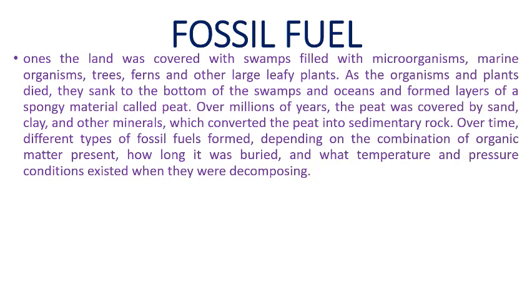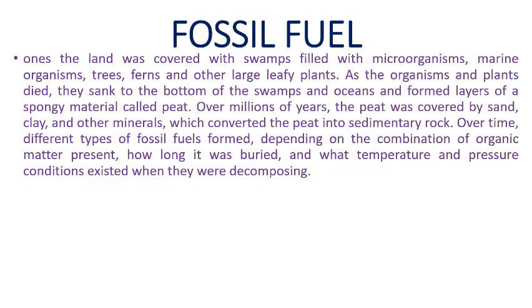Now, different types of fossil fuel form depending on the combination of organic matter present, how long it was buried, and what temperature and pressure conditions existed when they were decomposing. Means it depends upon the temperature, the pressure, as well as the environment. We get different types of fossil fuel.